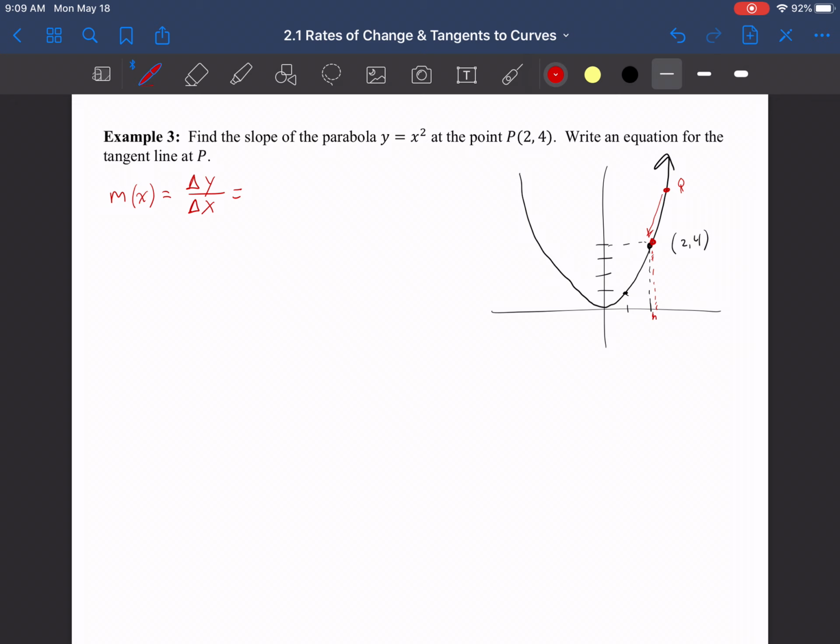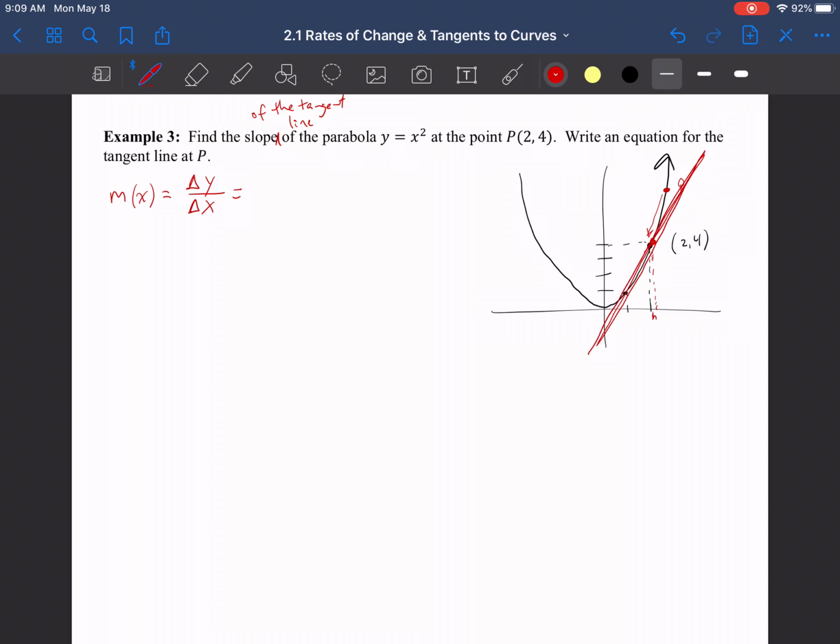So we're finding the slope of the tangent line of the parabola y equals x squared. So just to be clear, we're not really finding the slope of the parabola, we're finding the slope of the tangent to the curve there. Right, so we're going to find the slope of this line right here that comes and hits it and is tangent, only touches it in one point.